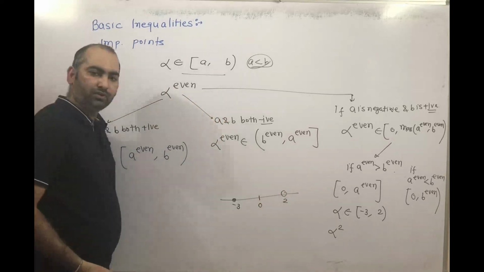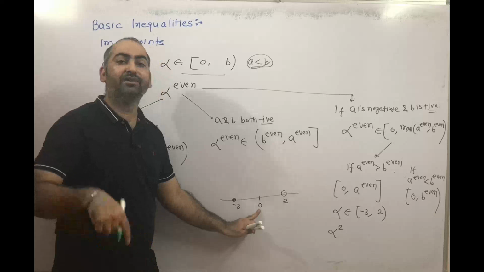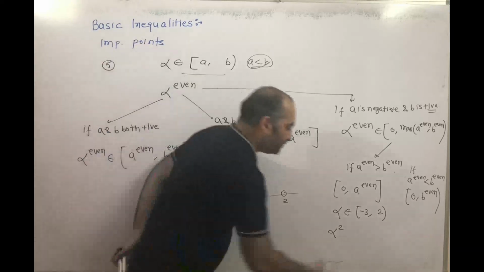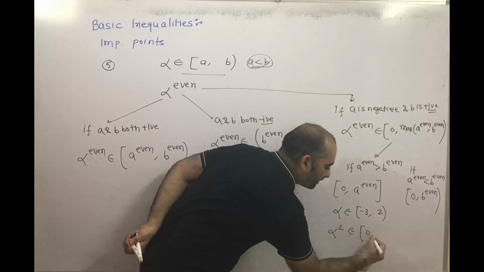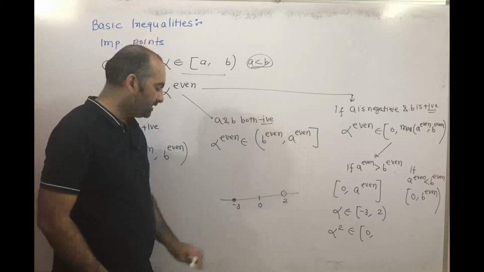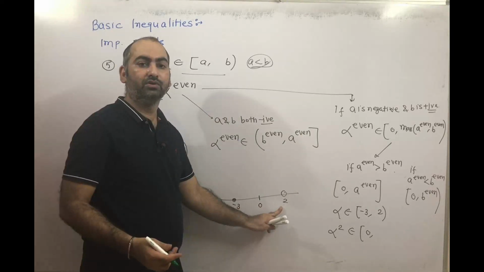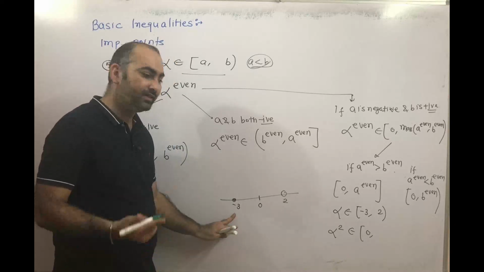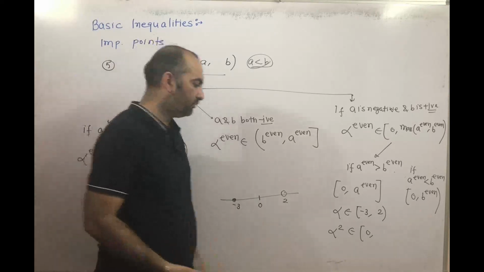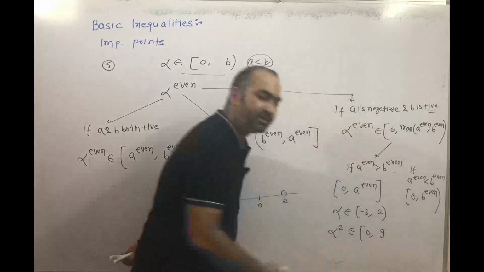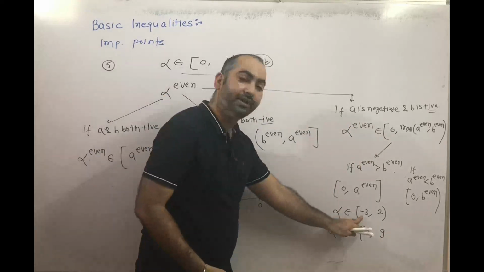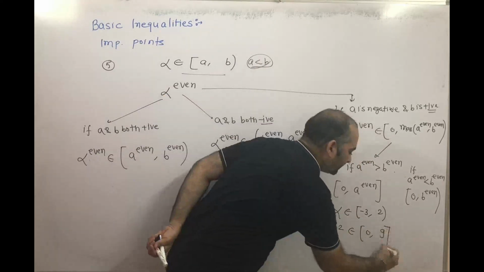So alpha equal to 0 is possible, so alpha square is 0, the minimum value. And the maximum value: -3 square is 9 and 2 square is 4, so -3 square is greater than 2 square. So 9 is the maximum, and since -3 is included, 9 is also included.